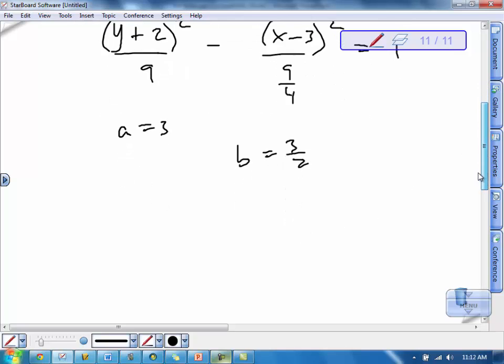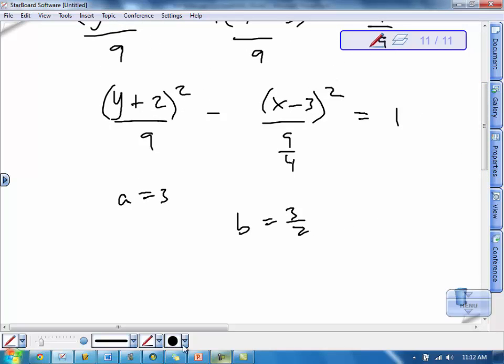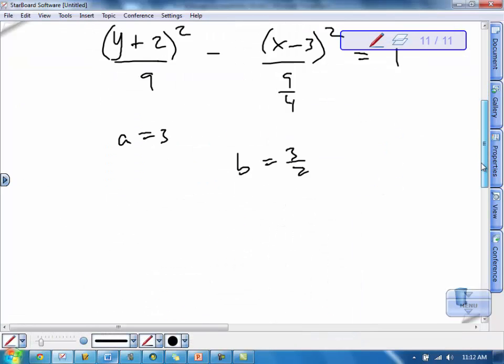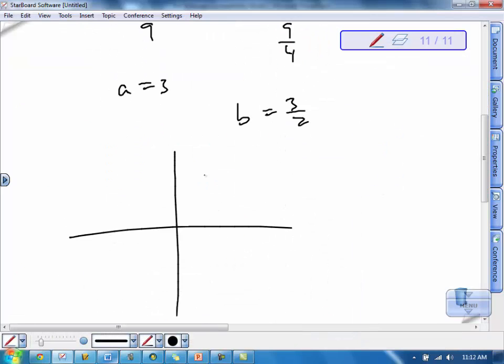So now what I can do is, since y is first, if I look at my formula sheet here, when y is first, these ones open up or down. So it opens up or down, and the best way to sketch a graph is to do a is 3, b is 1.5, so that'd be half. So here's 1, 2, half of that.